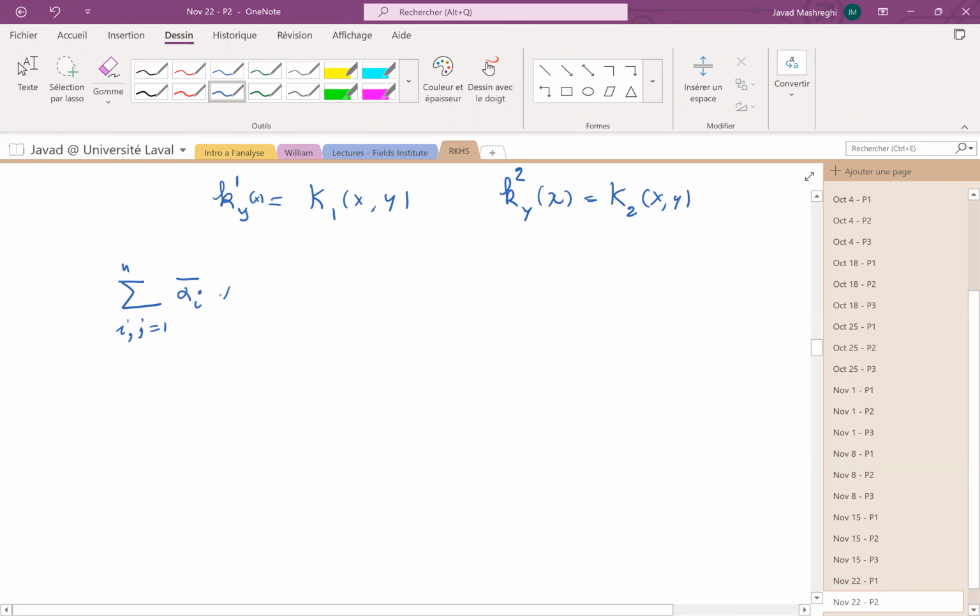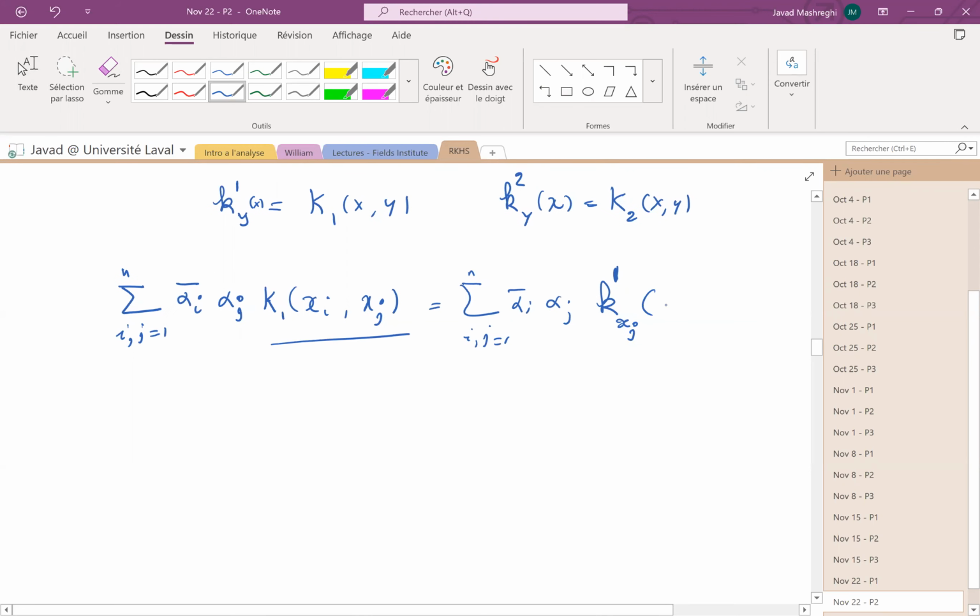The sum of alpha i bar, alpha j, k1 at xi, xj. Well, of course, I can write it as the sum over i, j from 1 up to n of alpha i bar, alpha j times k_xj in the first space, evaluated at point xi.